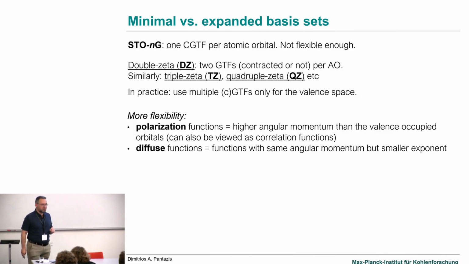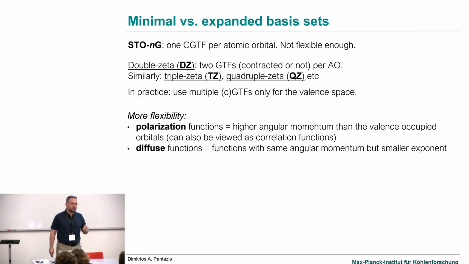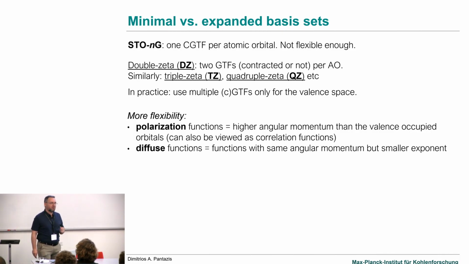That's not always the case though. You may have some application where you want hyperfine coupling constants of some transition metal ion, and that depends on what's happening close to the nucleus. So a standard basis set that might be considered big for most applications might actually be very small for your application because it's not flexible close to the nucleus.